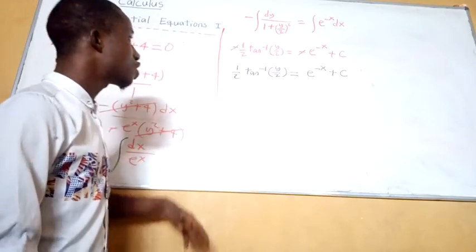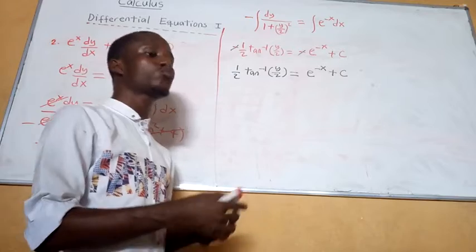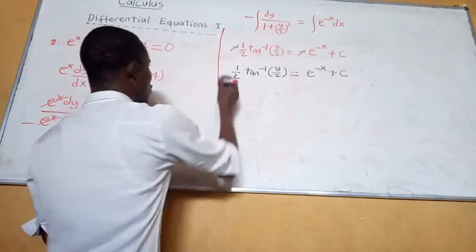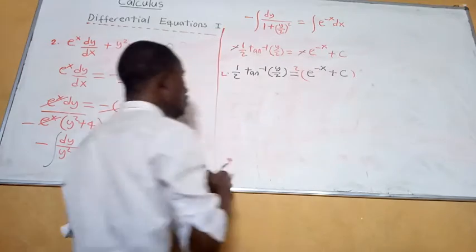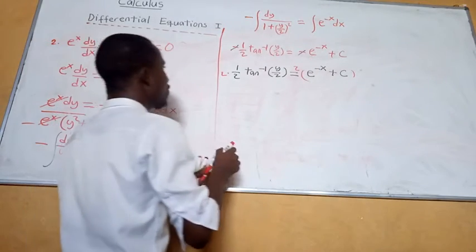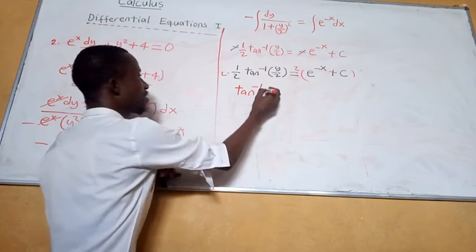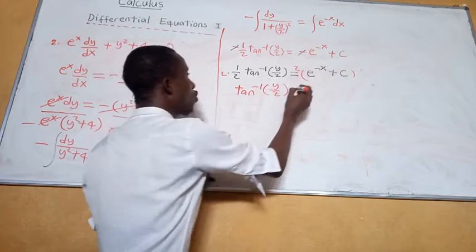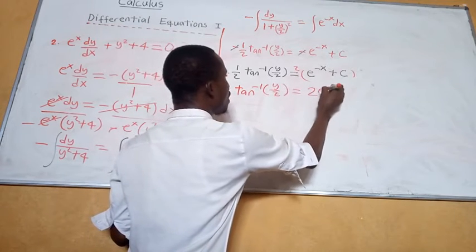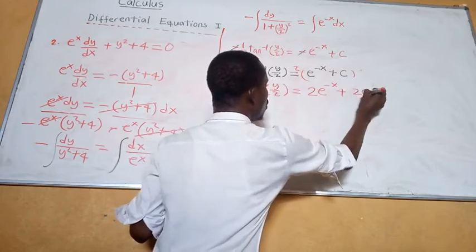So to do this, we can firstly get rid of the fraction here, which is half, by multiplying both sides by 2. So doing this, we have tangent inverse of y over 2 equal to 2 e to the minus x plus 2c.